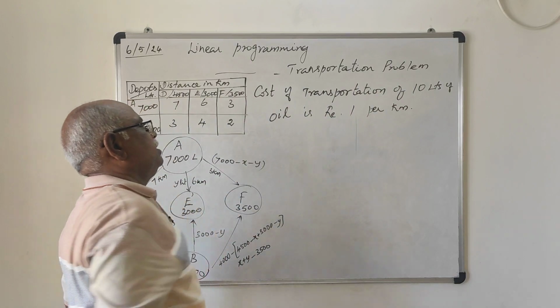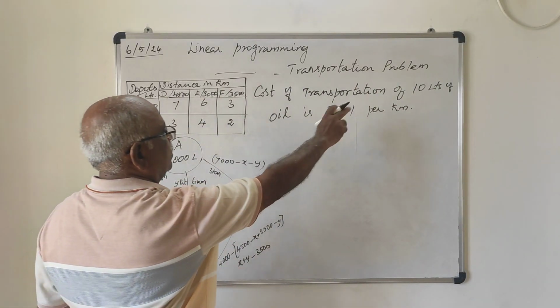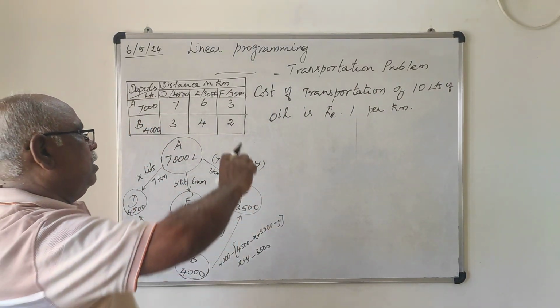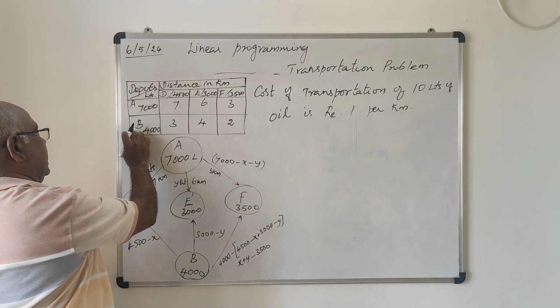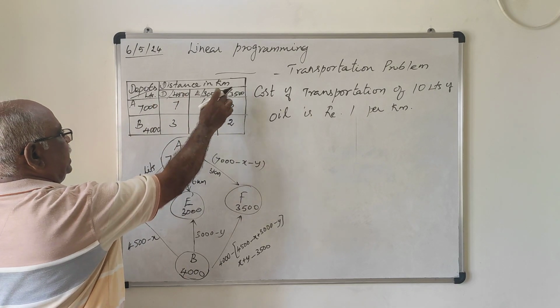The cost of transportation of 10 liters of oil is rupees 1 per kilometer. On this idea, oils are transported from the two depots A and B to the pumping stations D, E and F.